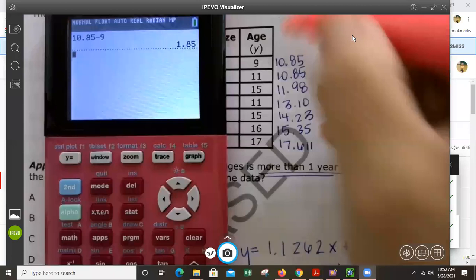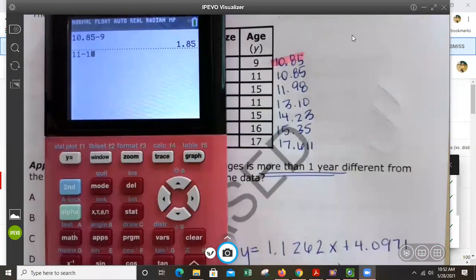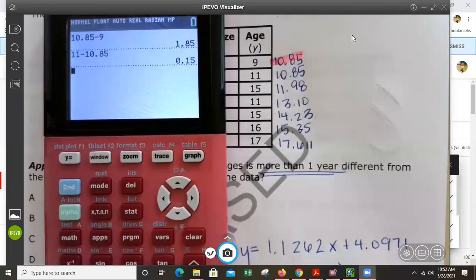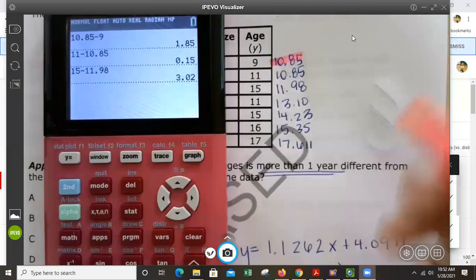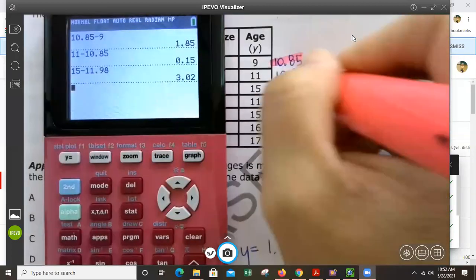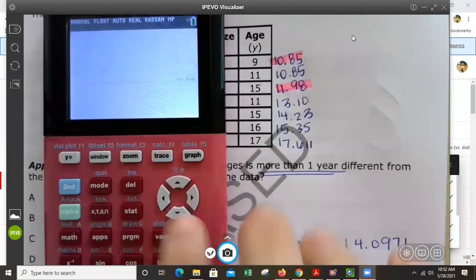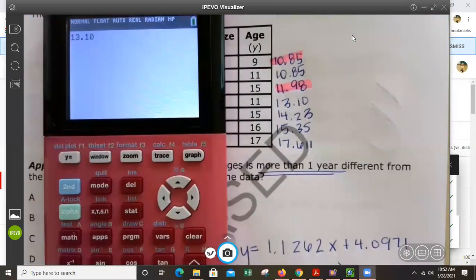That one's good. The next one is 11 minus 10.85. Is that bigger than 1? No, we don't want that one, so we're gonna leave it alone. 15 minus 11.98. Is that more than 1? So I'm gonna highlight that one. 13.10 minus 11. Is that more than 1?